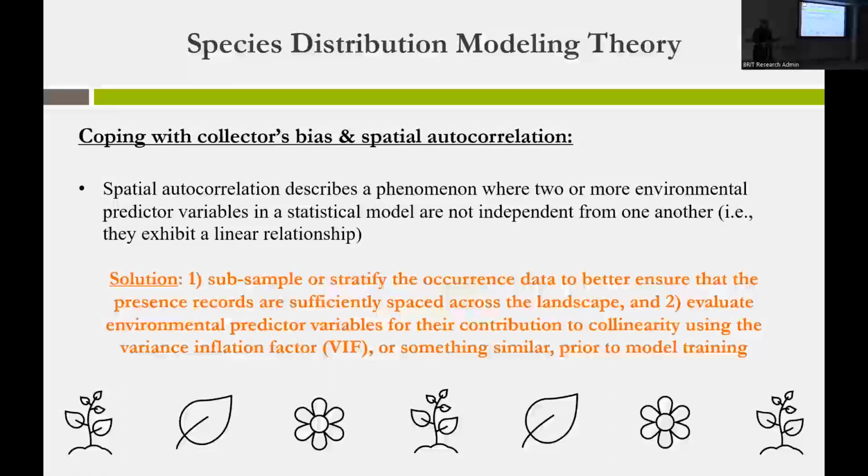Well, what predictor do we remove? Well, hopefully not the one that is most relevant to our species, right? So knowing those variables that are actually relevant to our species and drive where they occur in the habitat, that's important information to have so we can make these decision calls during the modeling process.